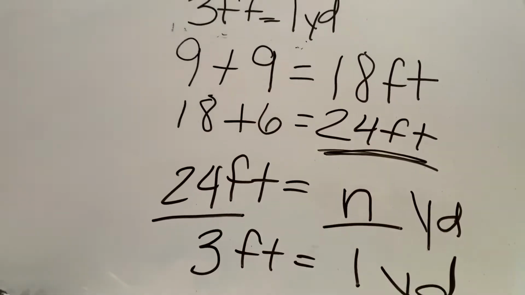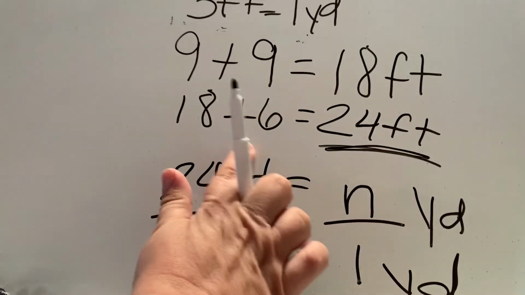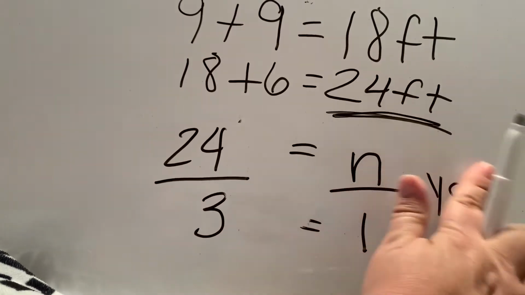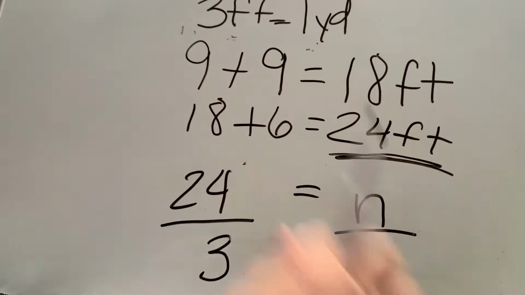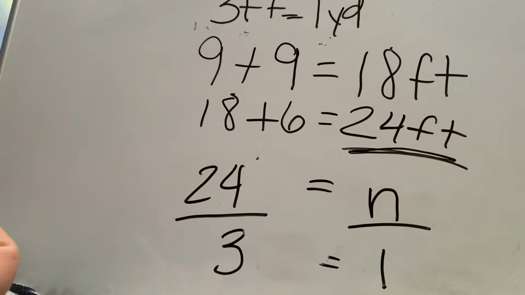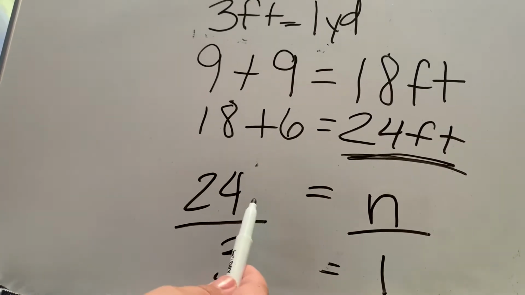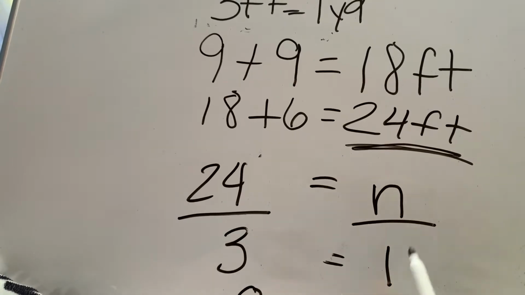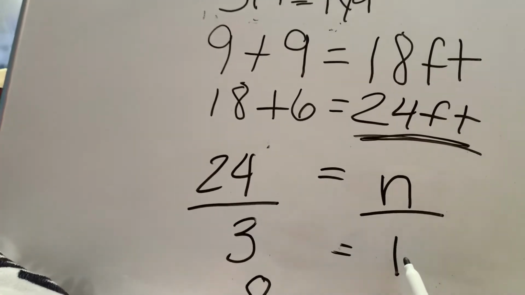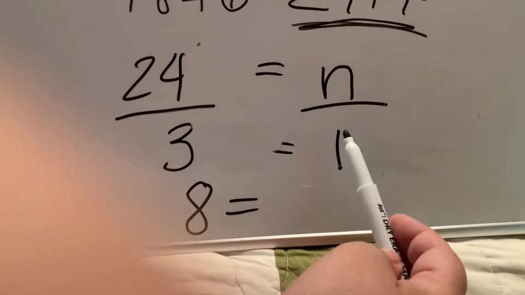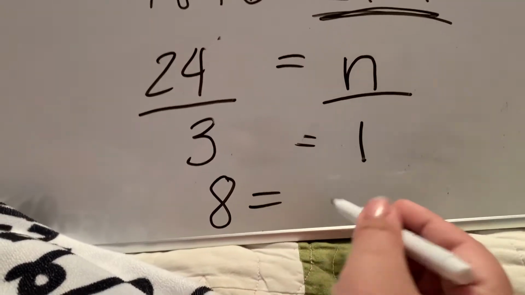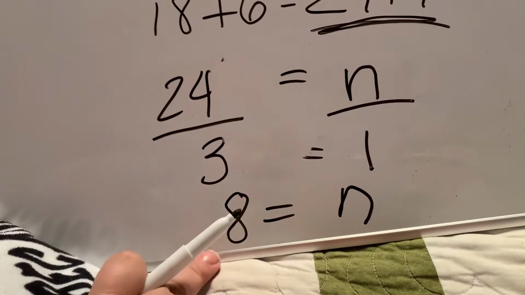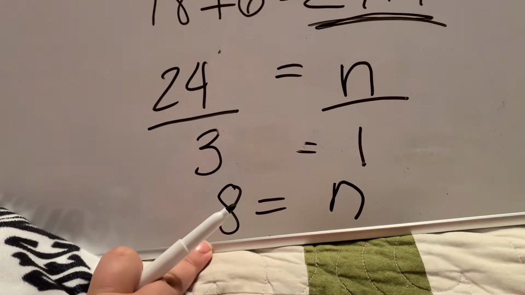And what is a fraction? What do we say? A fraction is the same as a division problem. How many times will 3 go into 24? It will go 8 times. Anything divided by 1 is itself, right? So, the unknown in this case is going to be 8.